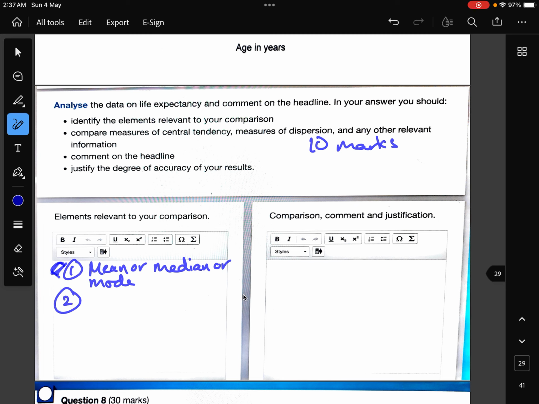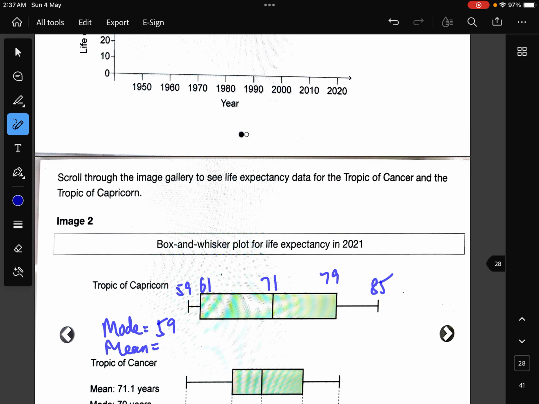The second one that I think should be considered could be the range or the interquartile range, which is the measure of dispersion, which I believe you could have used to your advantage as well. Of course you could look at the trend based on the graph here.